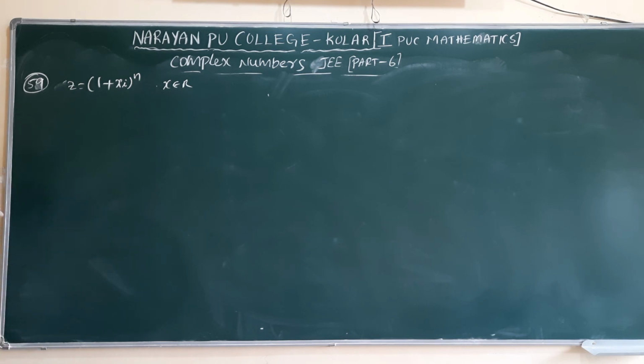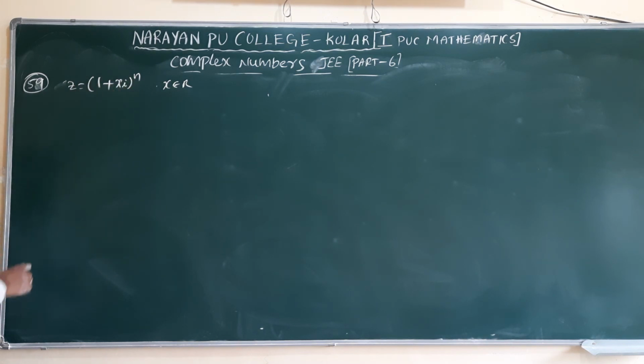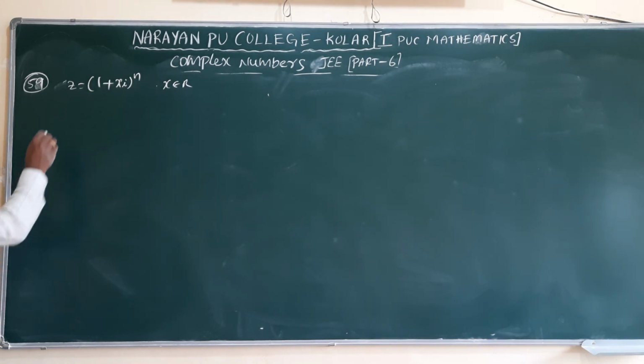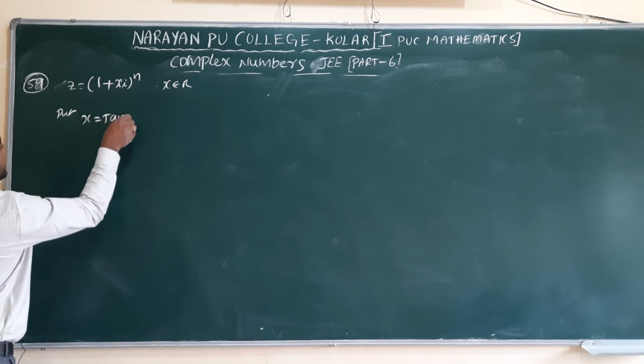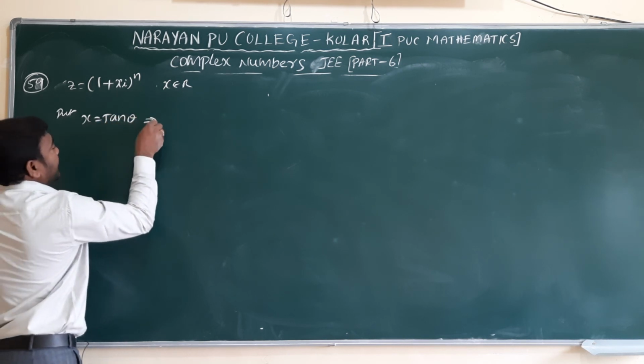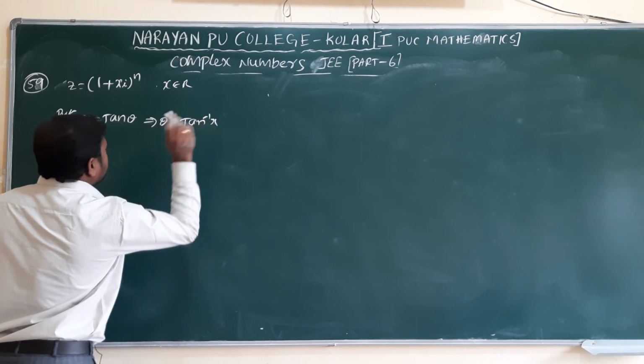Here we have to find the possible values of x. Here z is equal to (1 + xi)^n, and we put x equal to tan theta, so theta is tan inverse of x.